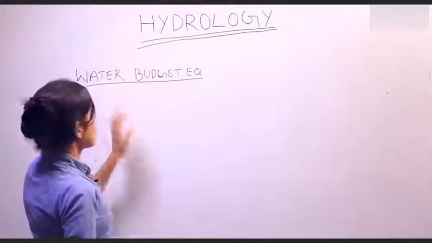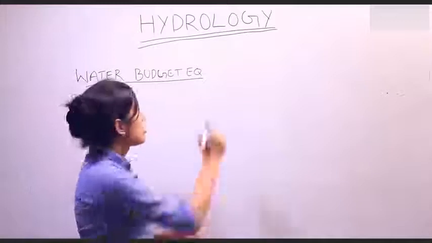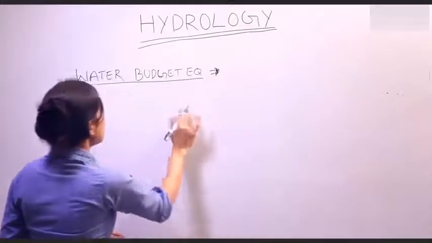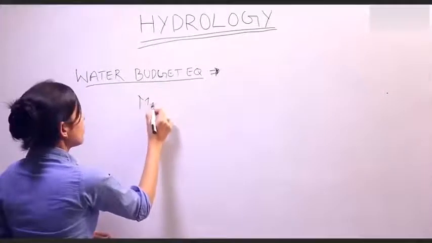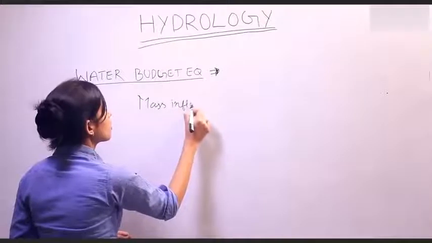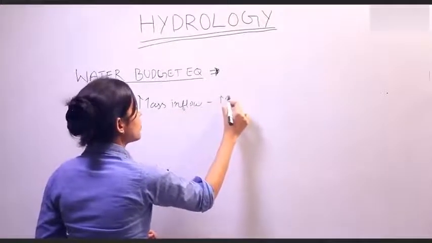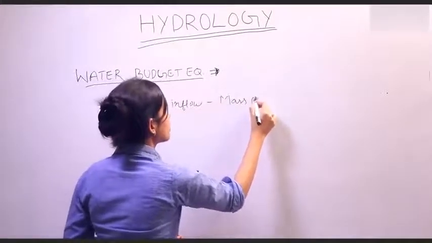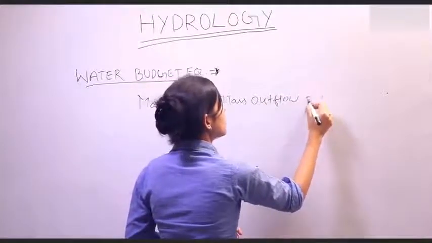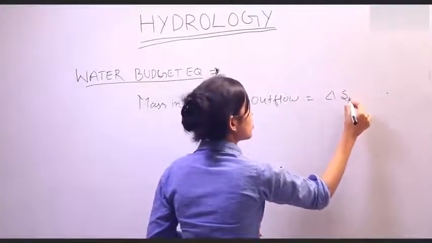Water budget equation. This equation is based on the law of conservation of mass. So it states that mass inflow minus mass outflow will be equal to change in storage.